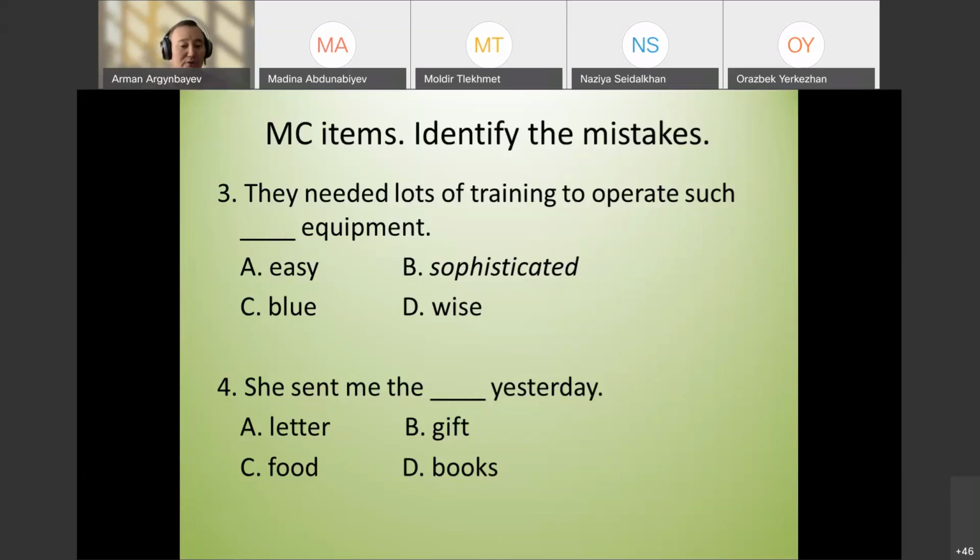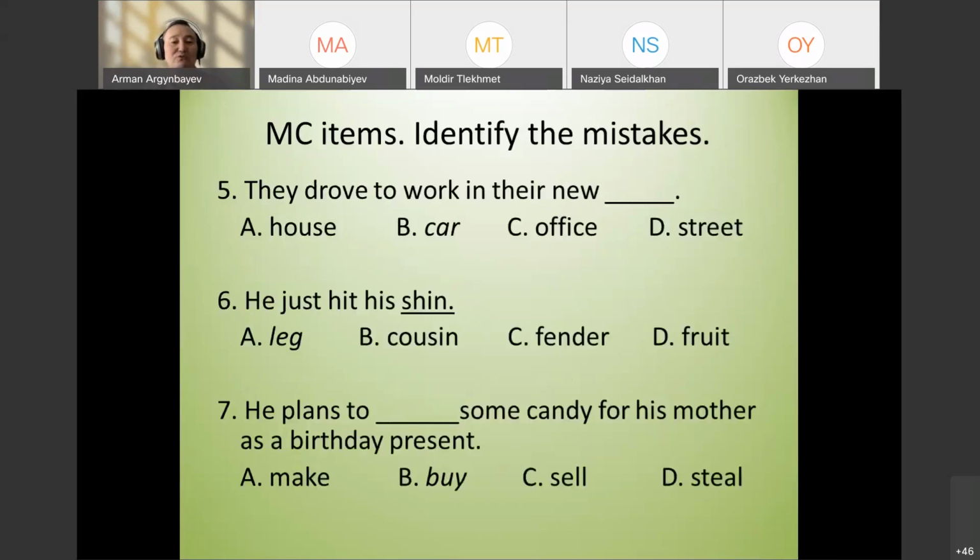Okay, number 4. She sent me the gift yesterday. Food, books, letter. More than one answer is possible, exactly. All right. Question number 5. They drove to work in their new car. Car, house, office, street.